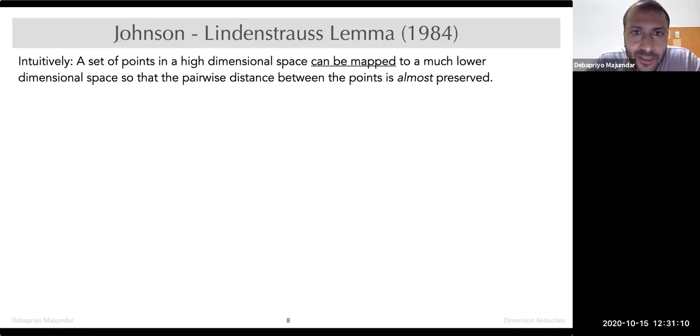Intuitively, it says that a set of points in high dimensional space can be mapped to a much lower dimensional space so that the pairwise distances between the points are almost preserved. Almost means, as we will see, that it's quantified by some error, which is guaranteed or bounded.